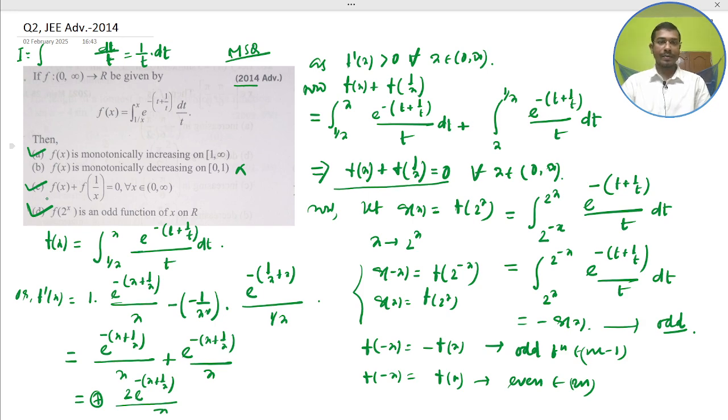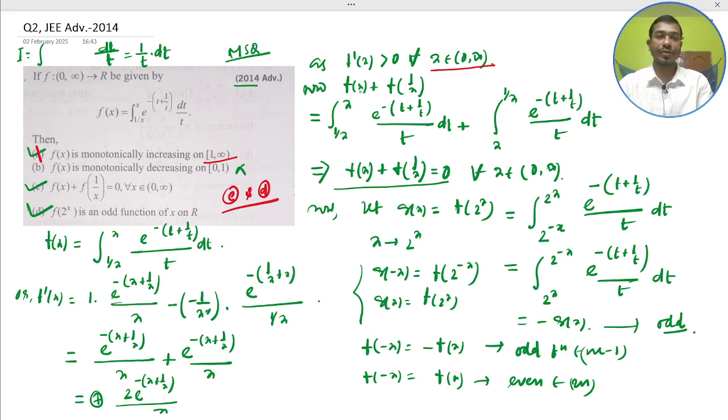Okay, and one thing, here fx is monotonically increasing in the range we found, x belongs to 0 to infinity, and here the option is given monotonically increasing at 1 to infinity. Mind it, sorry, but I did not clarify it. Here we found 0 to infinity, but it is given 1 to infinity, so this would be wrong. Okay, so here option C and D, these two would be correct.